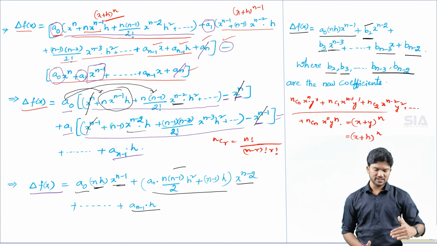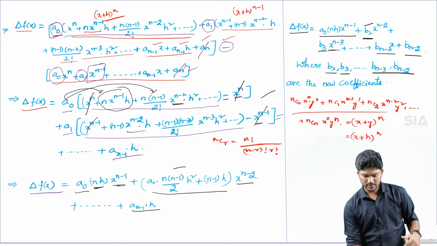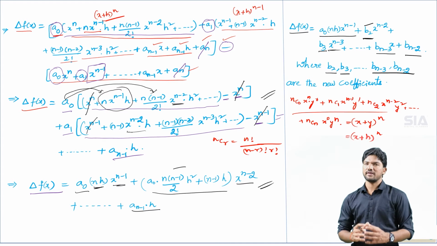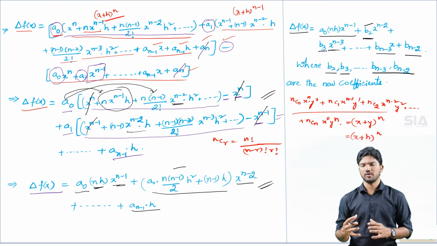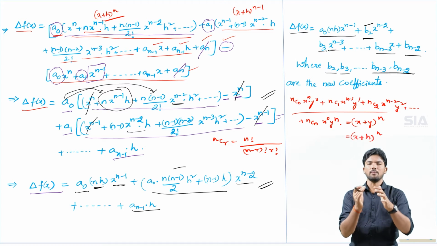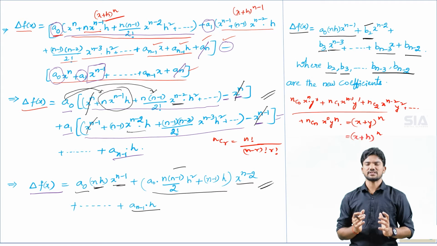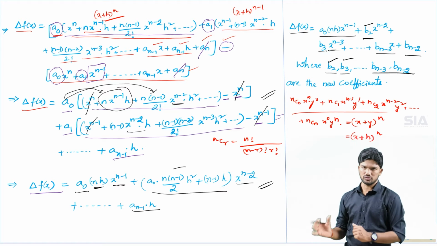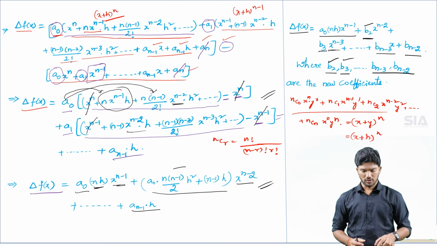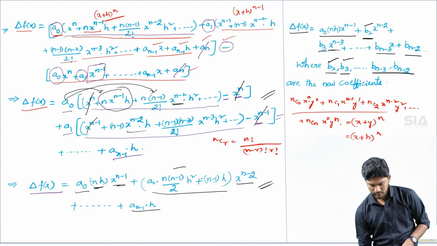After the cancellation, you will get a new equation with different types of new coefficients. Those coefficients have a complex form. To reduce that complexity, we use these new coefficients b₂, b₃ up to b_(n−2). What is the b₂ value? This total expression is the b₂ value.